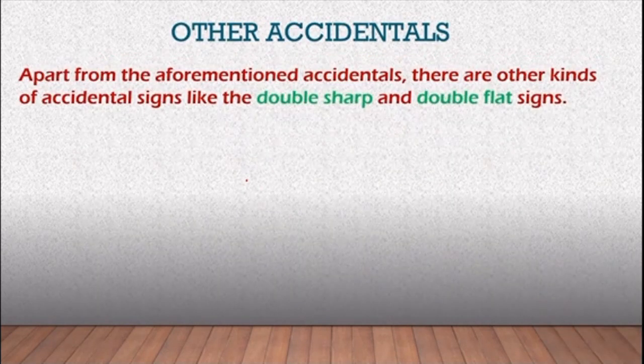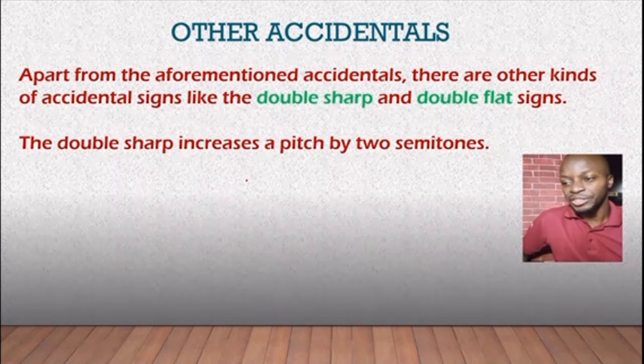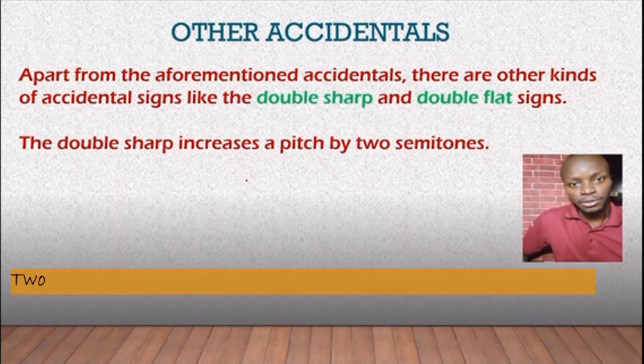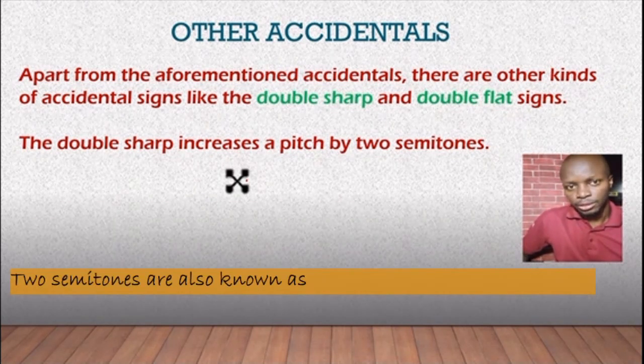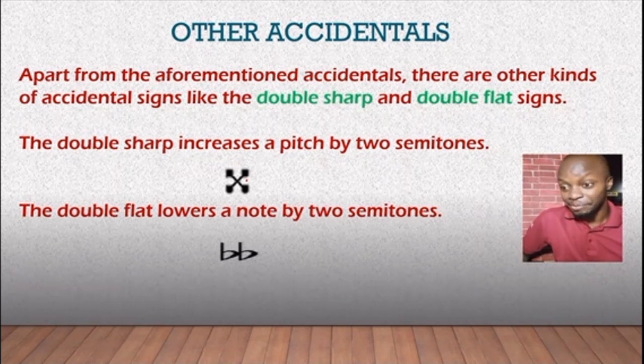Now, apart from the aforementioned accidentals, there are other kinds of accidentals like the double sharp and double flat signs. Double sharp increases a pitch by 2 semitones, or a whole tone. The sign looks like this. Double flat lowers a note by 2 semitones, or a whole tone, just like the name implies.